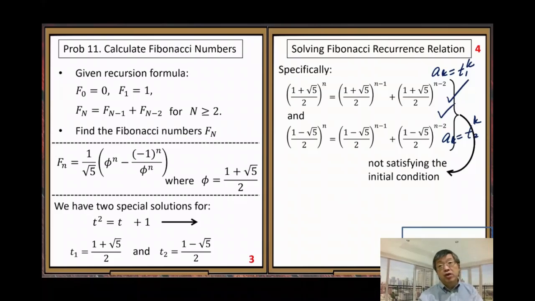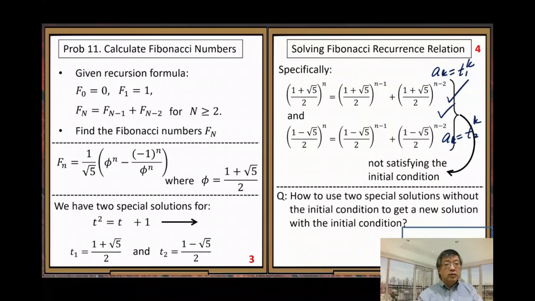We need to use some creativity to connect to the initial condition and solve it. Question: how to use two special solutions without the initial condition to get a new solution with the initial condition? So here the new question we need to answer is this one.